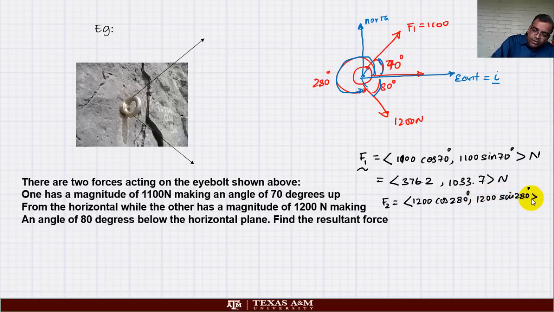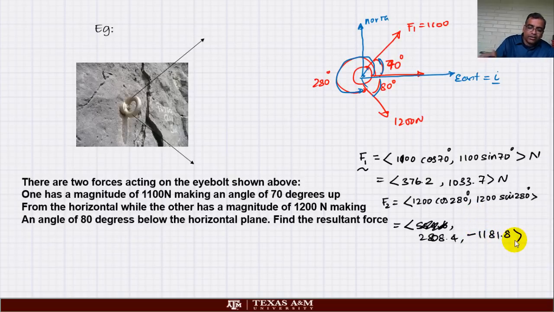I don't care about whether it's positive, negative, whatever, because I am doing counterclockwise from the east direction, which turns out to be 208.4, comma minus 1181.8.